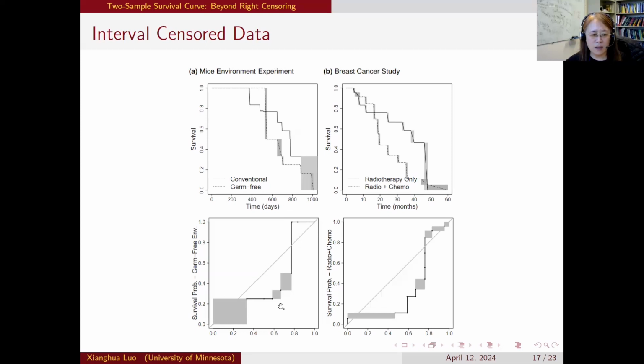And there are undetermined boxes here, as you can see, for both data sets. And probably you can say that it's due to the rare data, so it's hard to interpret this. But here, this arm shows some beneficial effect at a later time point than at an earlier time point.